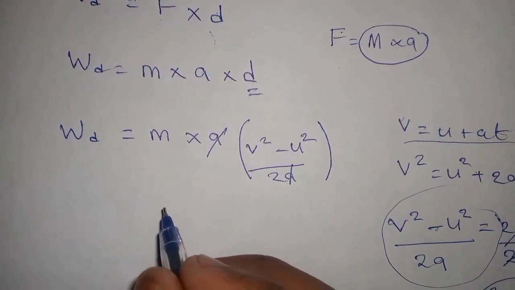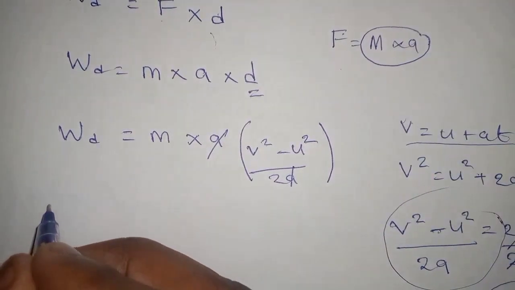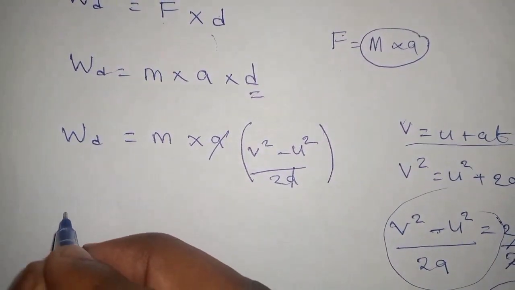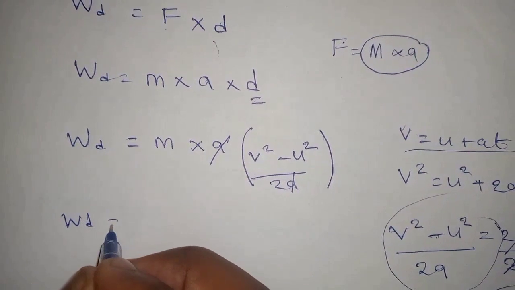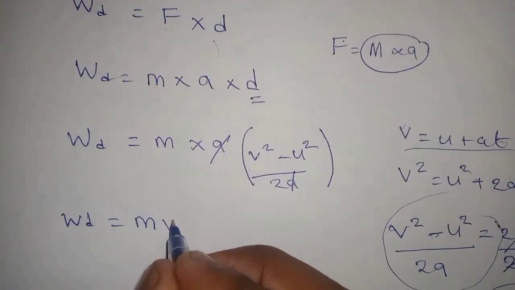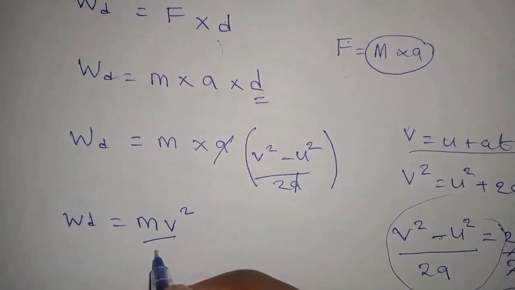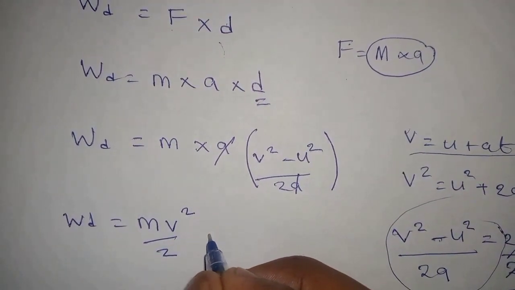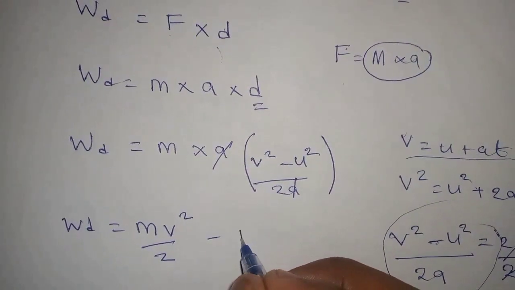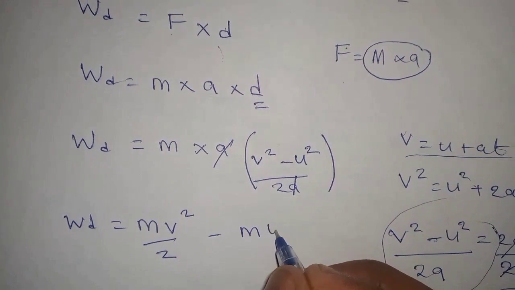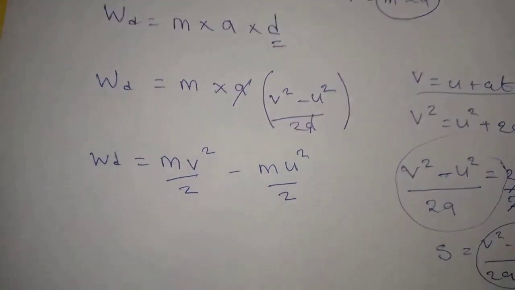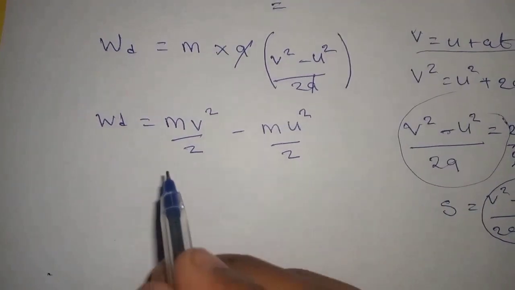Okay, so what we're saying then here is we're multiplying mass by everything that is in here. So work done is equal to mass v squared over 2, which will be minus same mass u squared over 2.